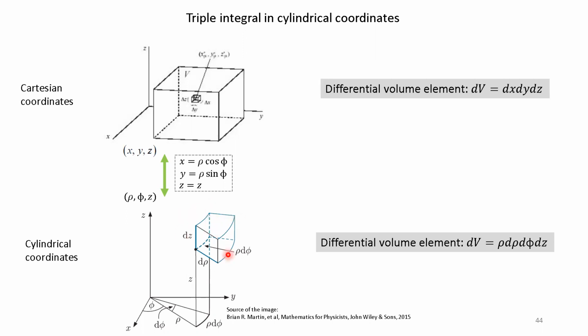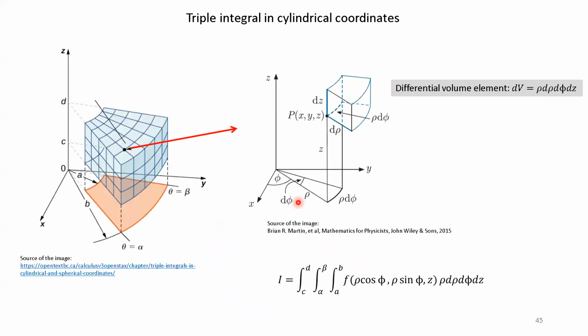Okay. So now I know how to express this dV in cylindrical coordinates, right? So then of course, to be able to do the triple integral, we need to know how to set the limit for all the three coordinates, right? Because as I just mentioned, rho and phi are basically the same as r and theta in polar coordinates, right?